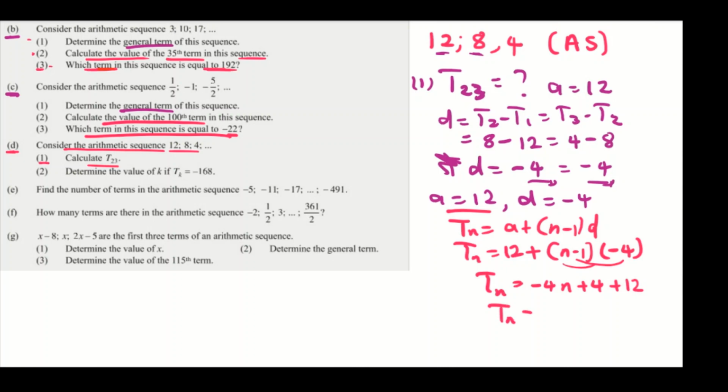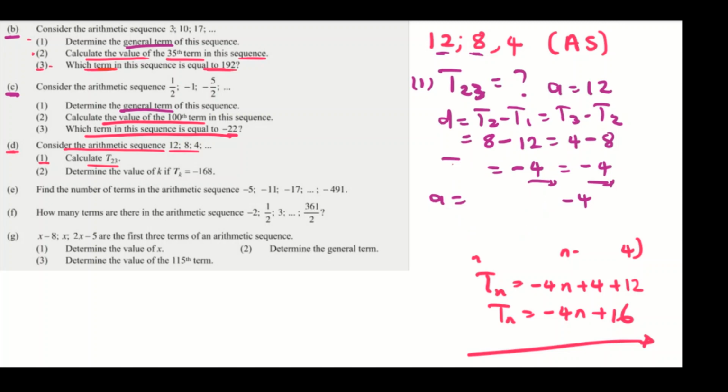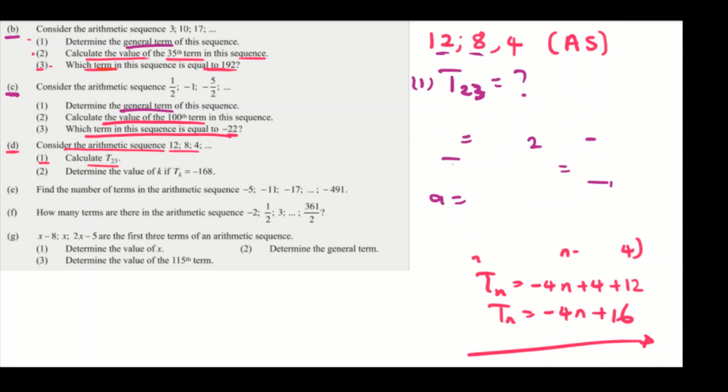So t subscript n is equal to -4n plus 16. This is going to be our general term for the sequence. Remember, we are looking for t of 23, so now that we have the general term, we'll be able to find that.